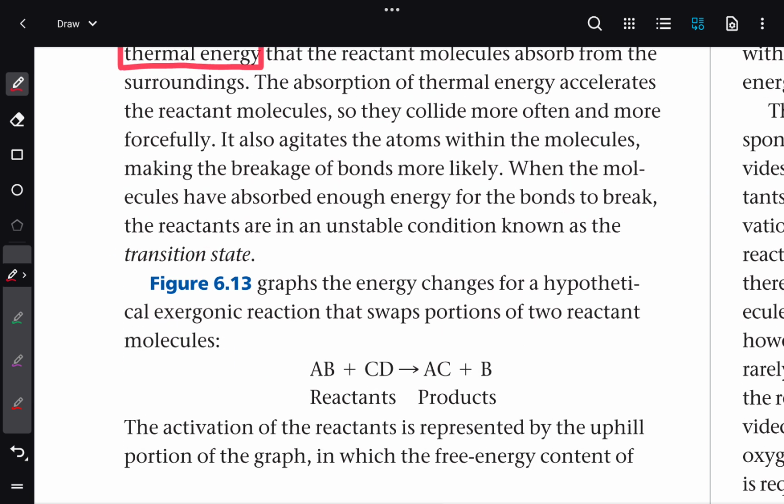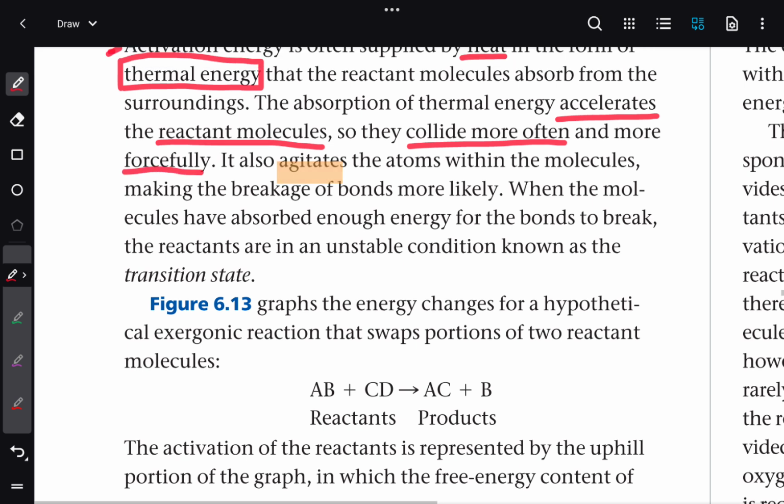The absorption of thermal energy accelerates the reactant molecules so they collide more, more often and more forcefully. It also agitates the atoms within the molecules, making the breakage of bonds more likely.